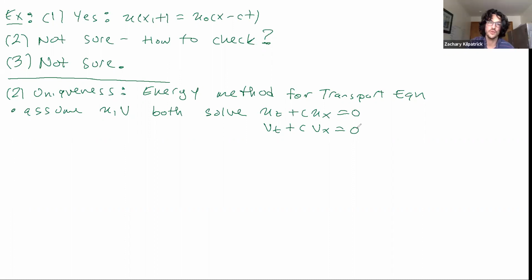Yeah, so u minus v. If you take u minus v, then sometimes it can be easier to show that something is 0 than that something is equal to something else. So as Caleb says, if we take a variable w, maybe there's a way that we can show that w is 0.